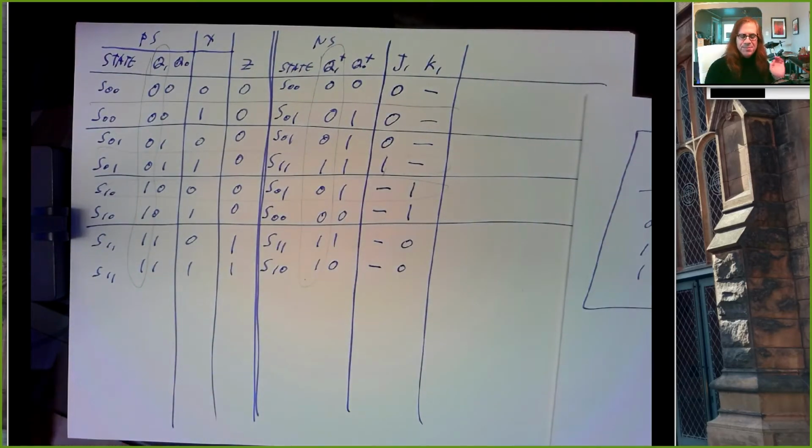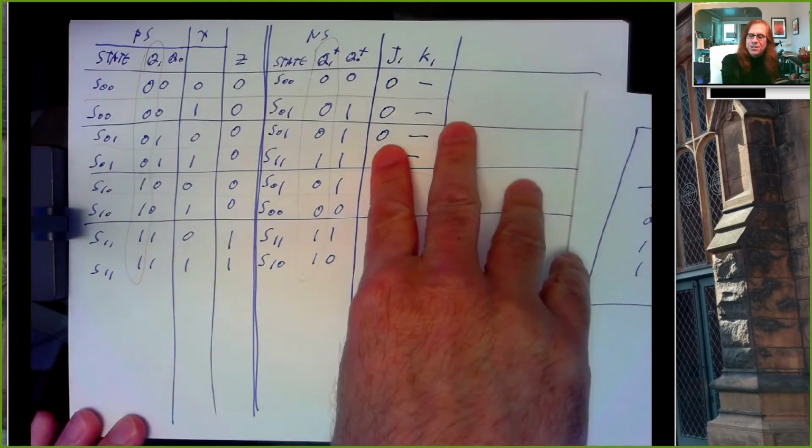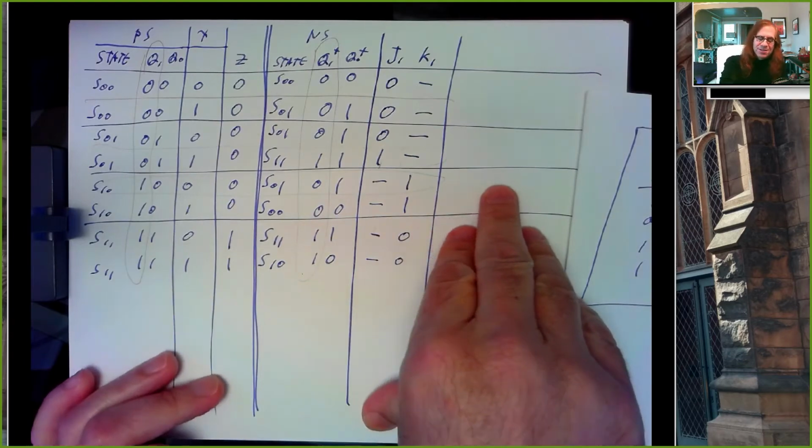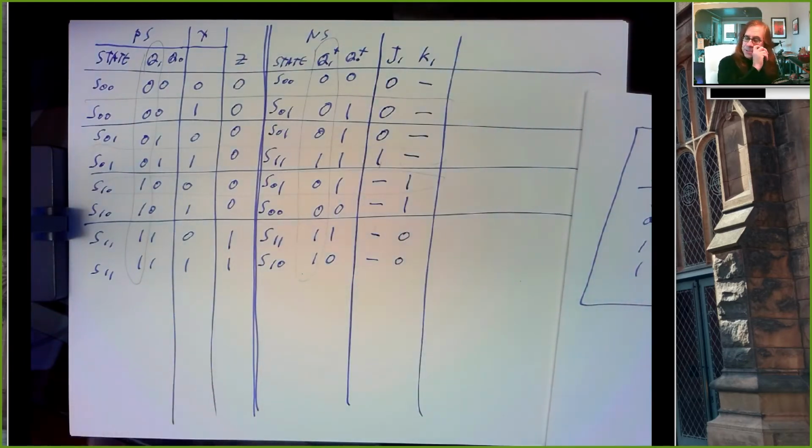All right, questions about that? That's the real trickiest part of this whole process, is getting these J's and K's set up correctly, or the T's or the D's or whatever the flip-flop inputs are. My question is, how do we know where?